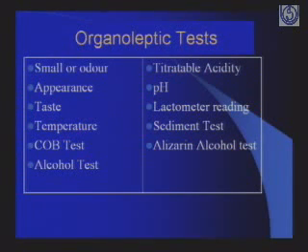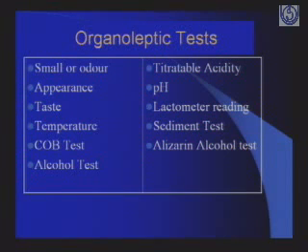Then the other test is the alcohol test. You take 5 ml milk in a test tube and add an equal amount, that is 5 ml, of 95% ethyl alcohol, and after thorough mixing by shaking the tube, you can observe tiny clots in the test tube if the quality of milk is not good. This test is conducted to judge the heat stability of milk.